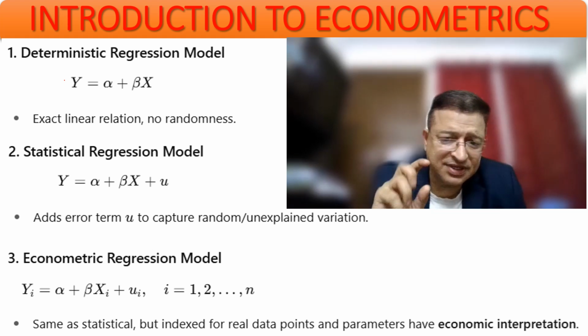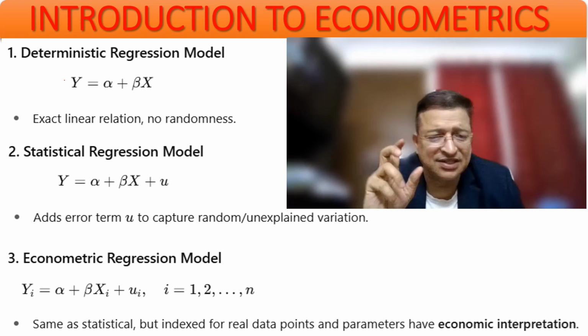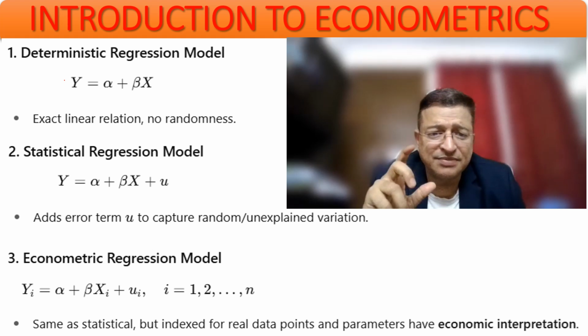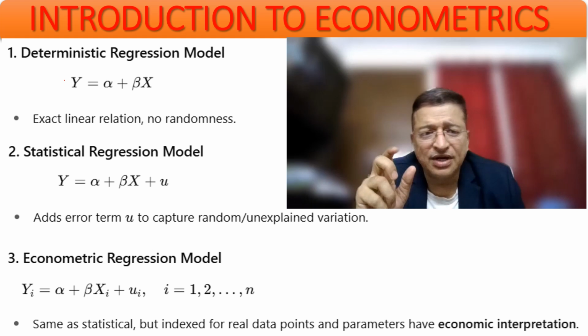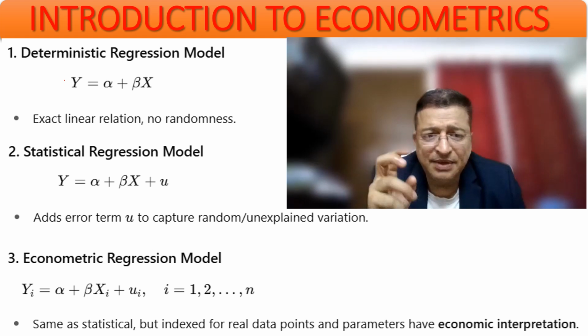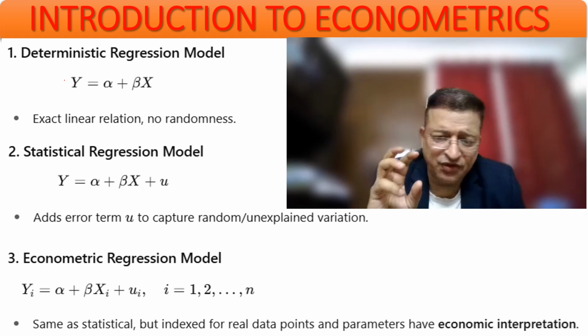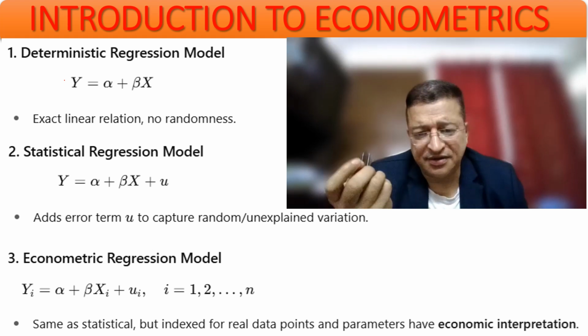So this first deterministic regression model, y equals alpha plus beta x, is considered. Y is your consumption expenditure and x is your income, alpha is the autonomous consumption where income is zero, and beta is your marginal propensity to consume. Here we are considering it as, suppose, 0.8.